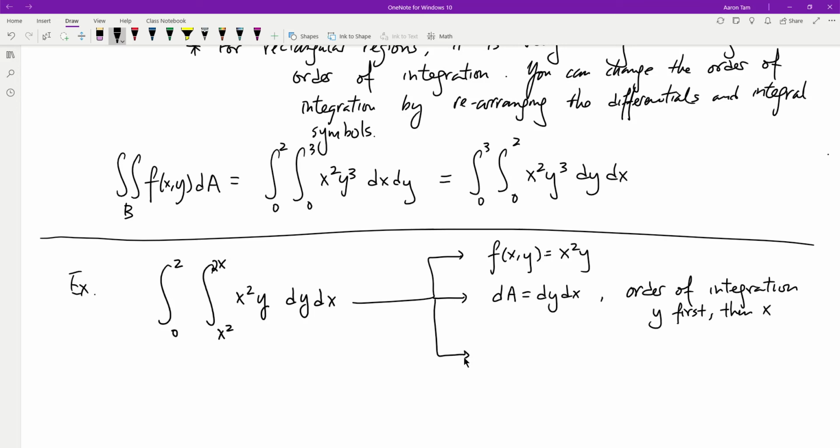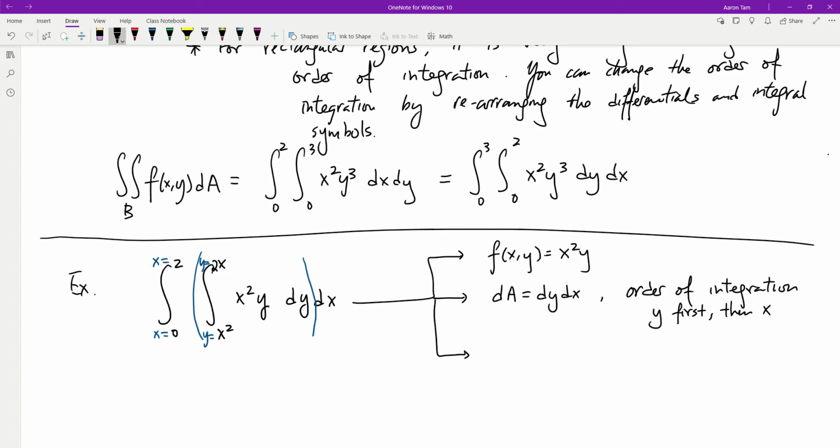And now finally, I can also identify the region of integration based on the limits. Once again, remember how this works. This is my first integration, which is dy, and then the outside integration dx, and therefore the inside limits are for y, and the outside limits are for x.